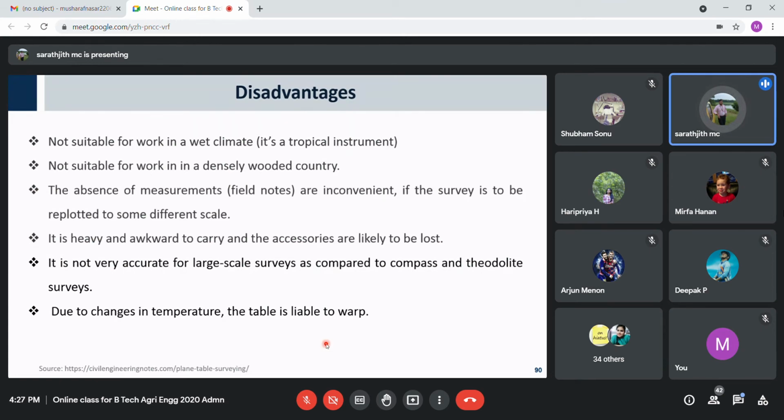Suppose you have chosen 1:5 as the scale, 1 centimeter is equal to 5 meter as your scale. And tomorrow, if you want to do another thing and you have to transform all the details, it is very difficult. So such difficulty is there because of the absence of the field notes.